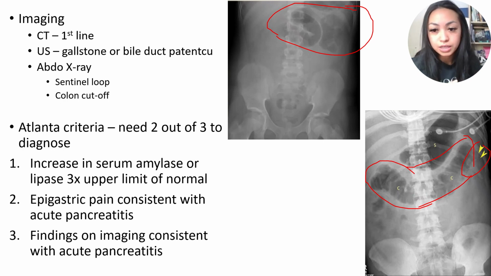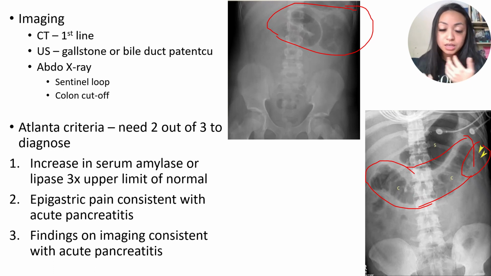Or the colon cutoff, where you see gas flowing along the transverse colon, and when you reach the splenic flexure, there's an abrupt termination of that gas pattern. So with 2 out of these 3 things, you can diagnose acute pancreatitis.